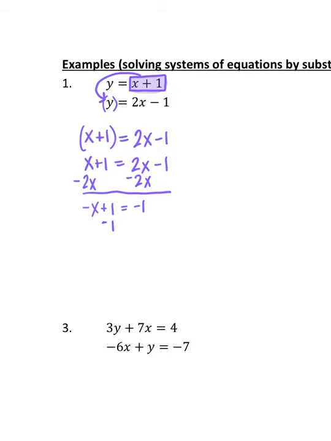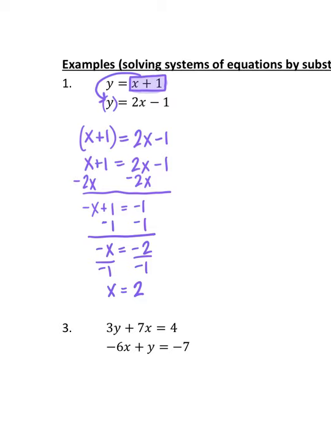I'm going to subtract 1. And I get negative x equals negative 2. I can't have a negative x, so I have to divide both sides by negative 1. And x equals positive 2.